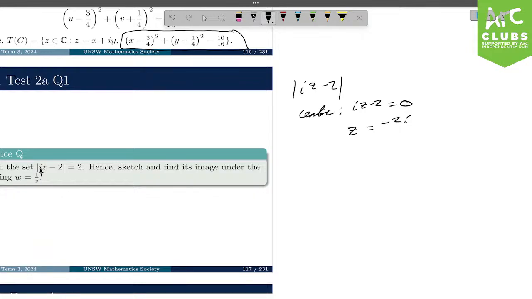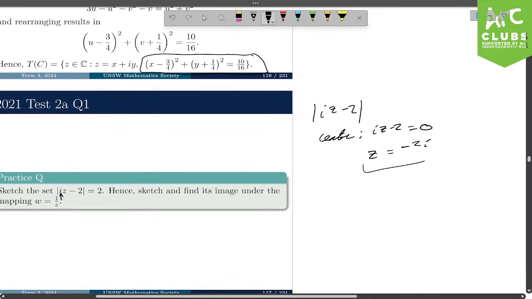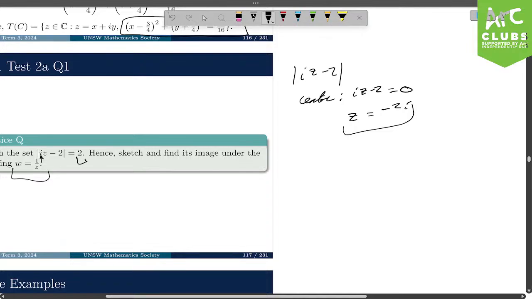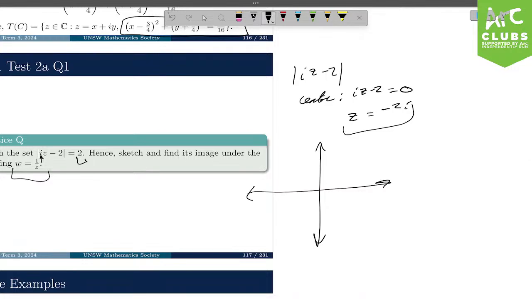Yeah. All right. Now, given that we have a center, we have the radius, and we can just go ahead and perform the mapping. So, mapping of 1 on z, we'll do it a little graphically this time, just for a bit of intuition. We know that this is a circle with radius 2 about minus 2i. The circle looks like this.